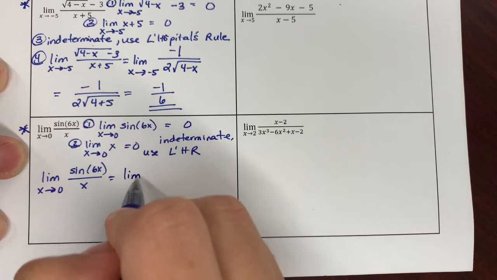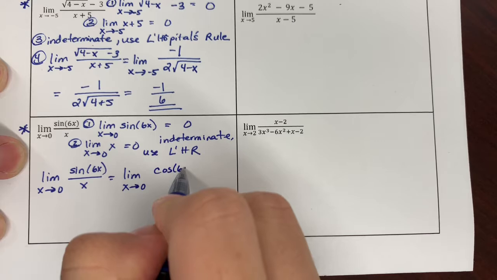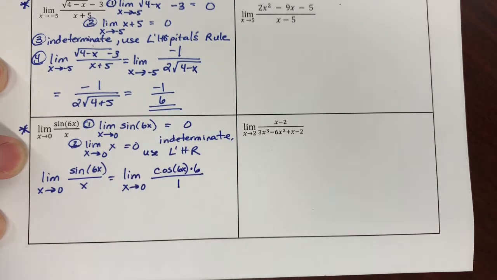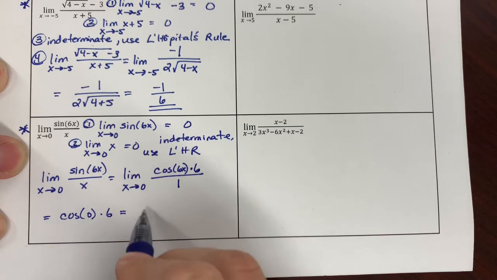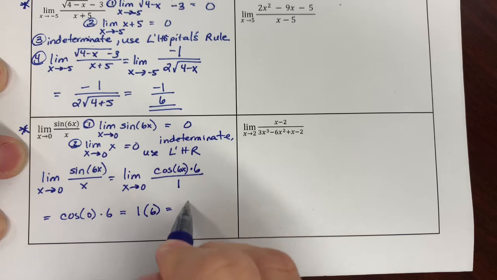So that's the limit as x approaches 0 of cosine of 6x times the derivative of the inside, all divided by 1. Now if I plug in 0, that's cosine of 0 times 6. Cosine of 0 is in fact 1, times 6, which is 6.